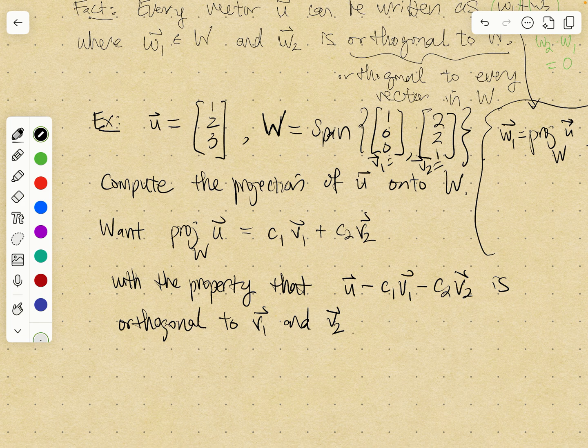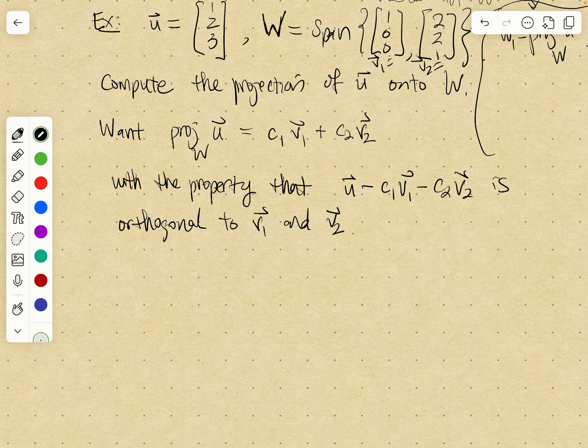And actually being orthogonal to W is equivalent to being orthogonal to V1 and V2, because if you have a vector that's orthogonal to V1 and V2, then it's orthogonal to any linear combination of V1 and V2. That's just from the distributive property of the dot product.